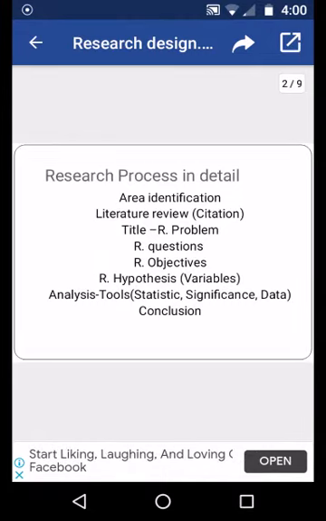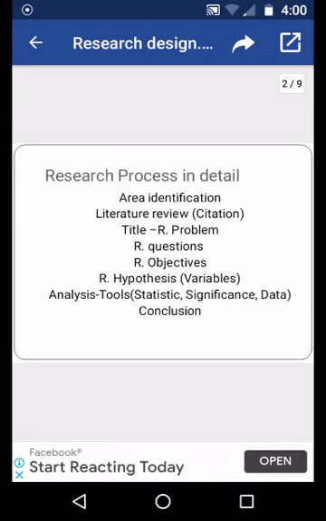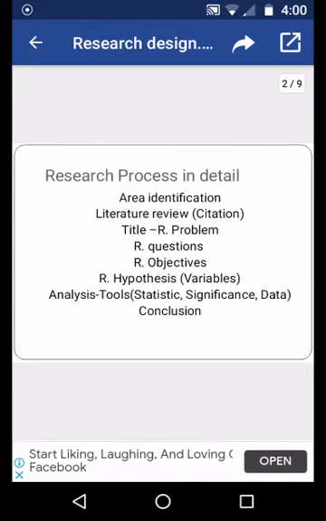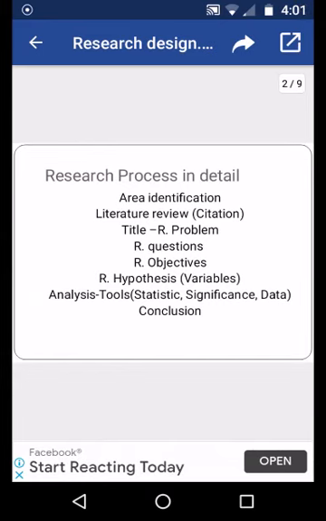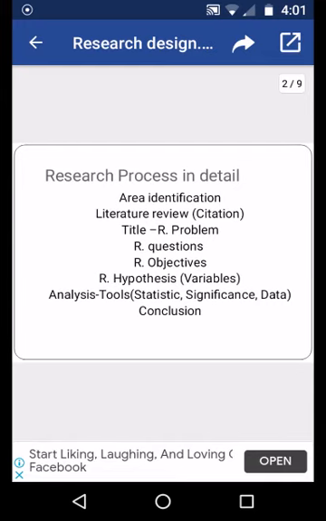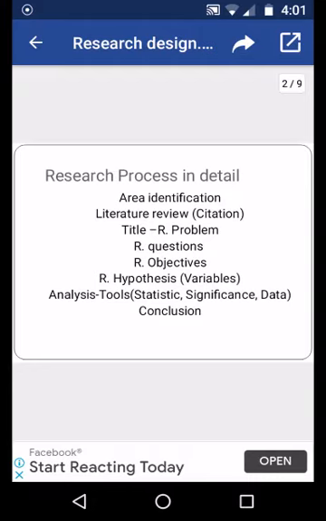Now while doing the literature review, we should also take note of the best-cited papers. That is, there are many papers with the highest citations, or many papers which are from a reputed journal. That is very important, because if you look at ordinary papers or papers which are of less quality, then you may also take those parameters or methods or variables which may not be of high standard.